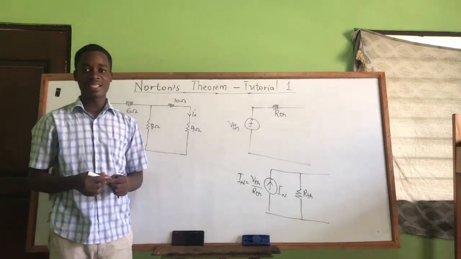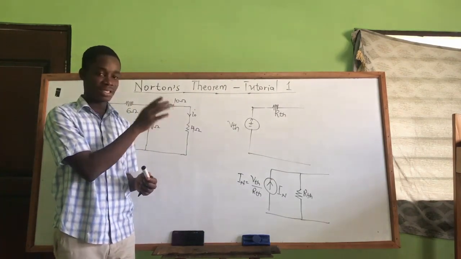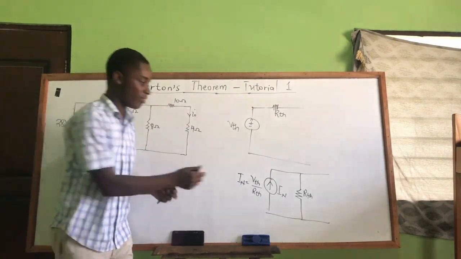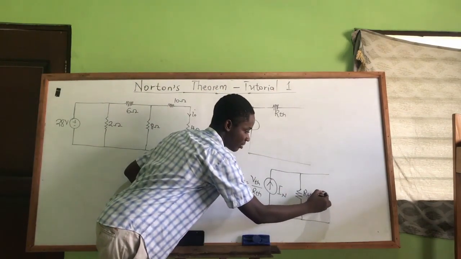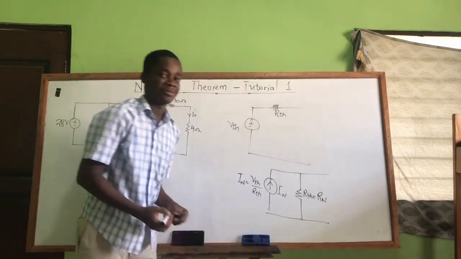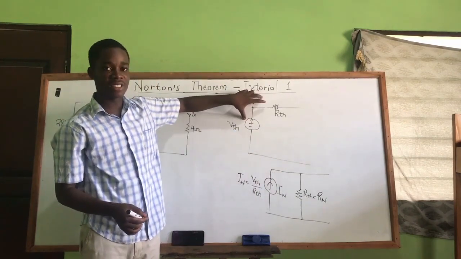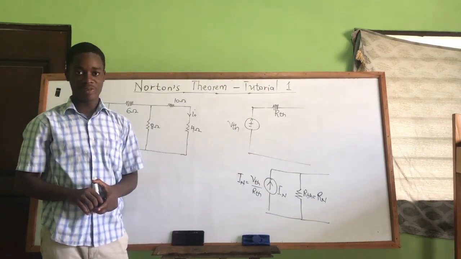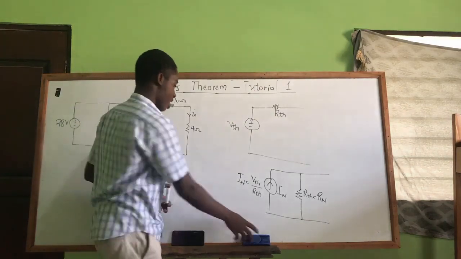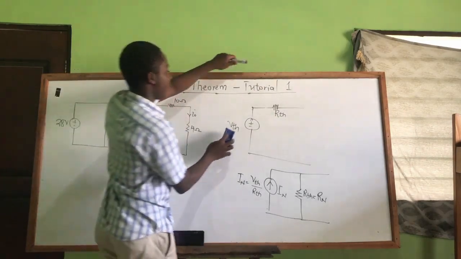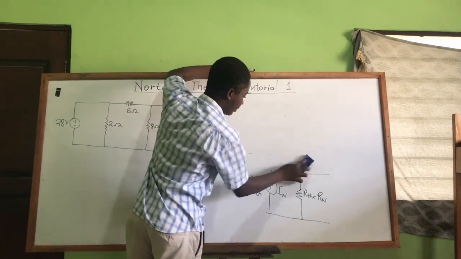And don't forget, we said our RTH is equal to RN. So the value here, RTH, is the same as our RN. So this is the Norton's equivalent, and it is just the source transformation of our Thevenin's equivalent. Good. So we are going to use this diagram to calculate our IN and RN.